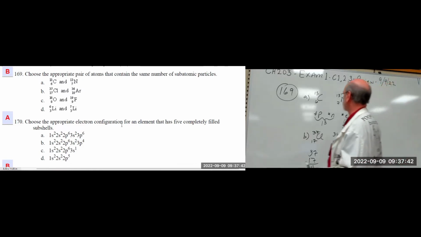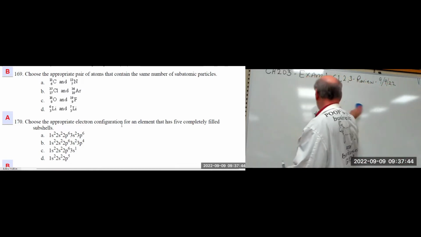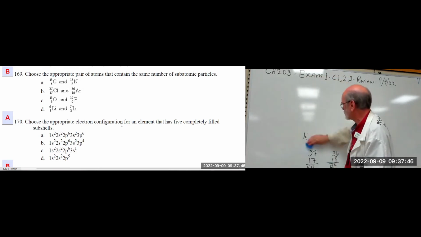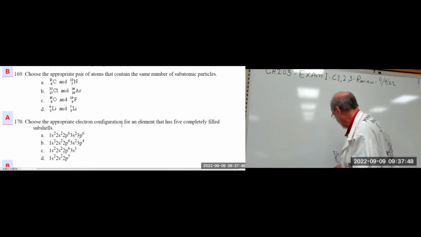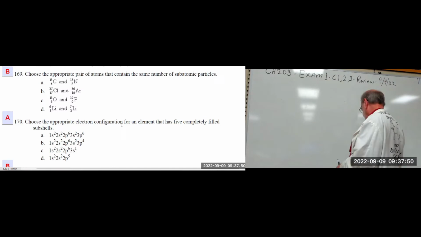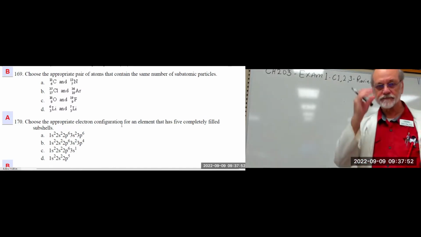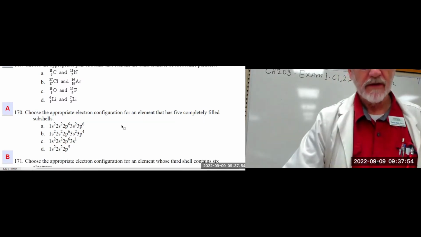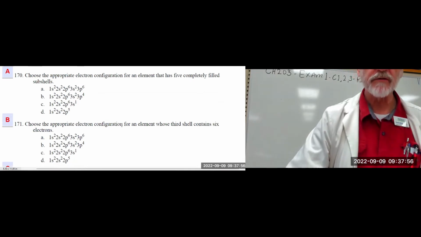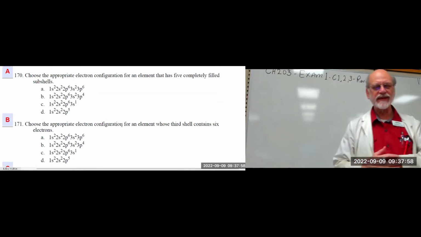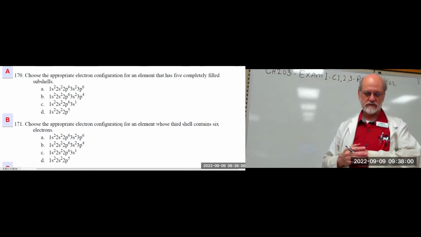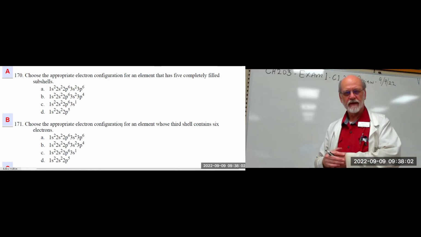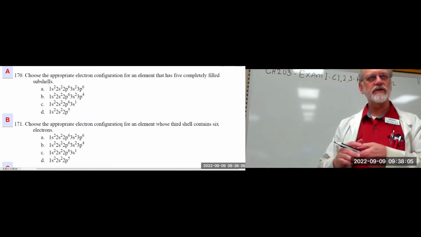All right. So the next problem looks like it's an electronic configuration. Choose the appropriate electron configuration for an element that has 5 completely filled subshells.